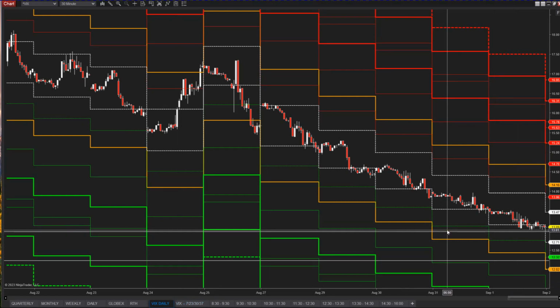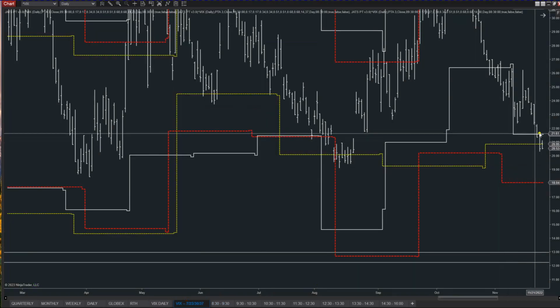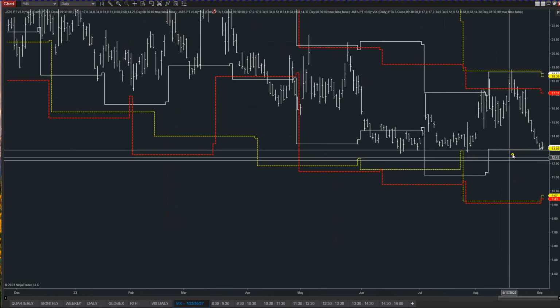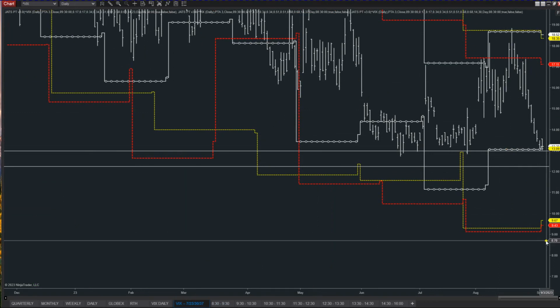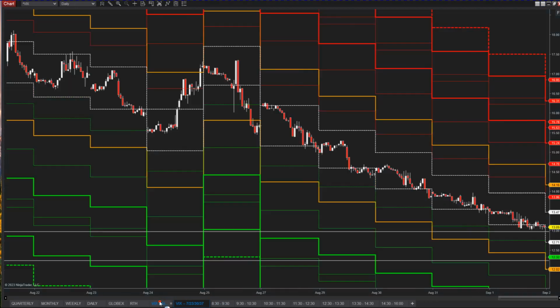Went to 01. We had a 23-day one right there, 23-day one, and that's what was blocking the price. It was the daily also, but not so much.